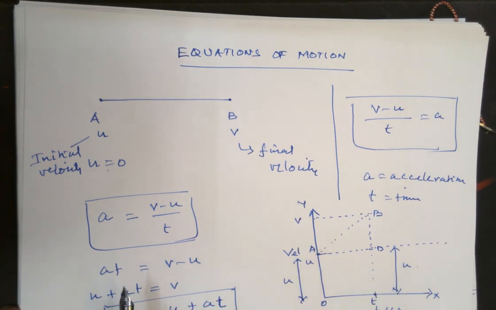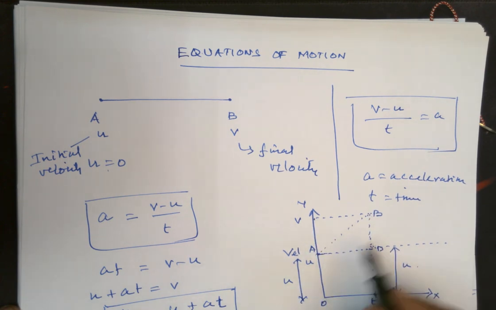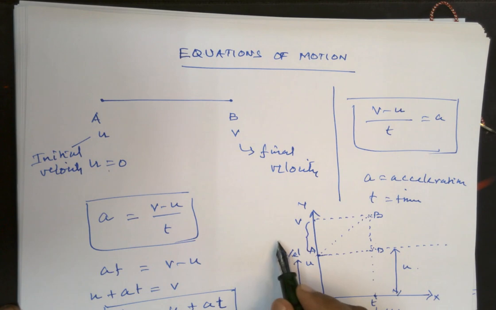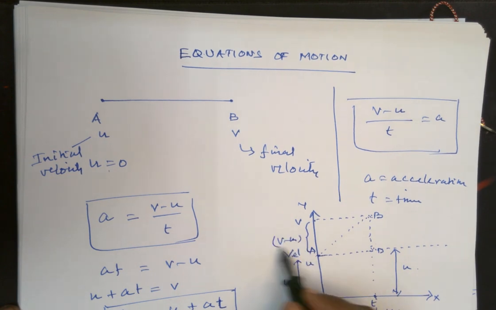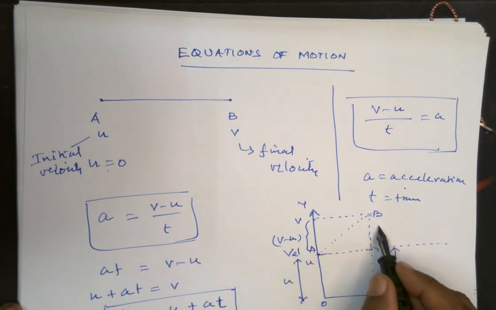Now this BD is the change in velocity, because this is u, this is v. So this is nothing but v minus u. And here this is also v minus u, right?